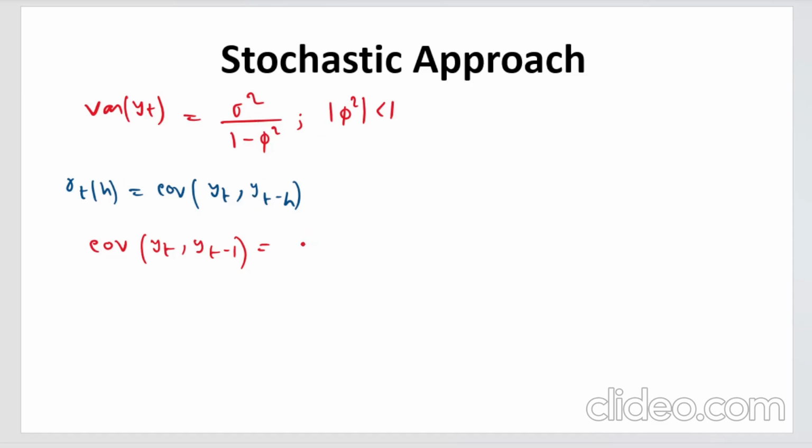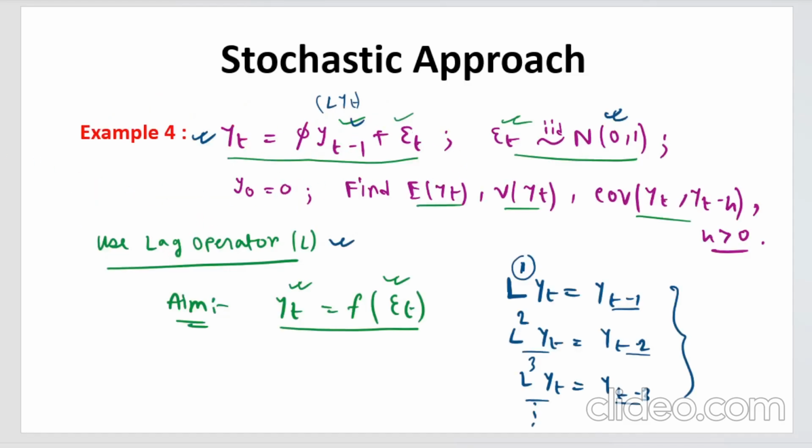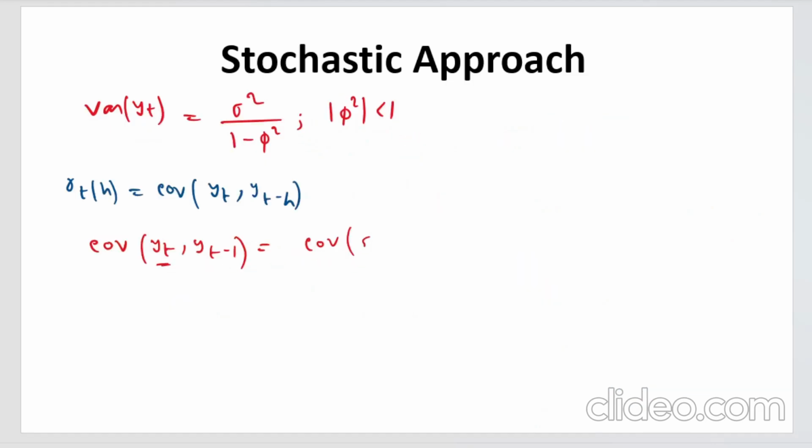So now what do you do? Write yt from the first expression. From the first expression, what is yt? This is just to simplify our calculation, nothing else. This, and then you have yt minus 1, right? So this I have written as it is and this I have written from here.